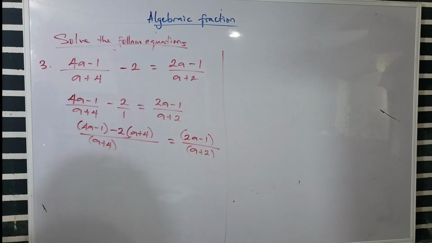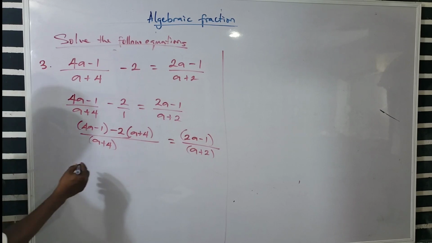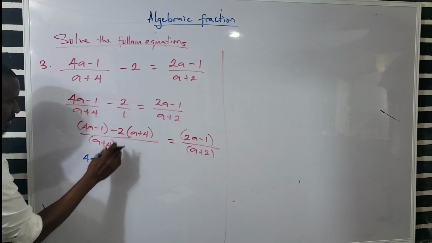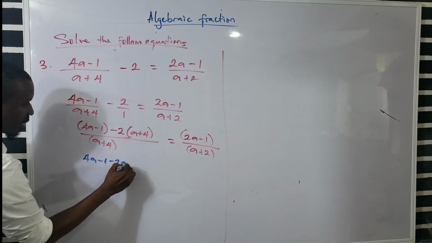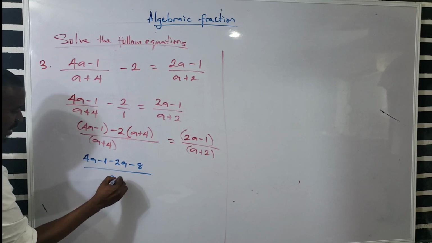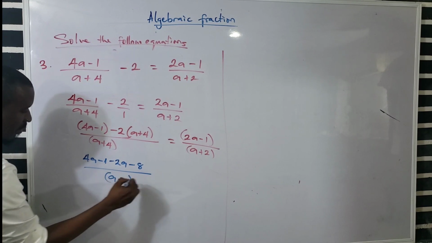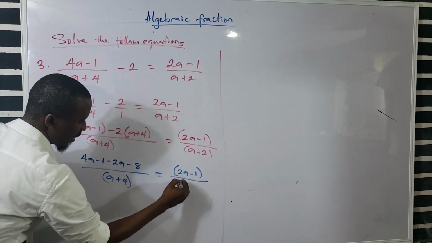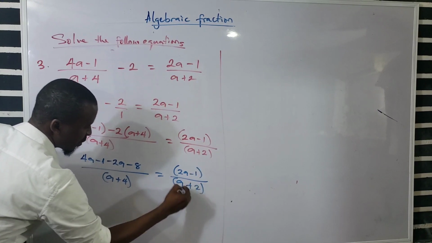Okay, so the next thing is to take care of the numerator of this one. So that will give us (4a - 1 - 2a - 8) over (a + 4) equal to (2a - 1) over (a + 2).